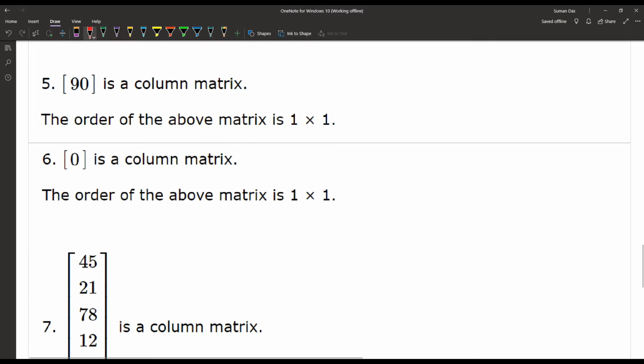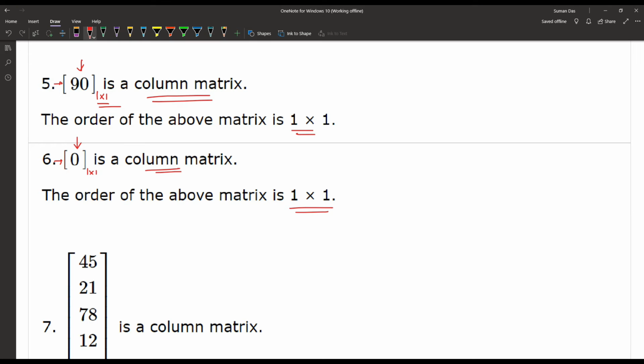Now look at the next example. Here there is only one row, only one column. So the matrix has the order 1 cross 1, but with only one column, it is also treated as a column matrix. The next example is also 1 cross 1, because only one row and only one column. So that is also another example of a column matrix of order 1 cross 1.